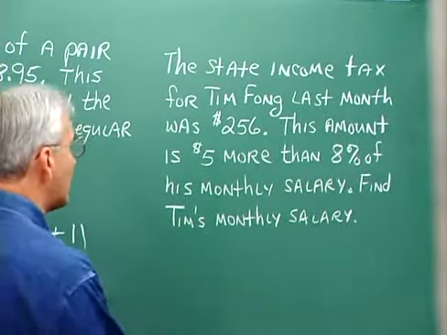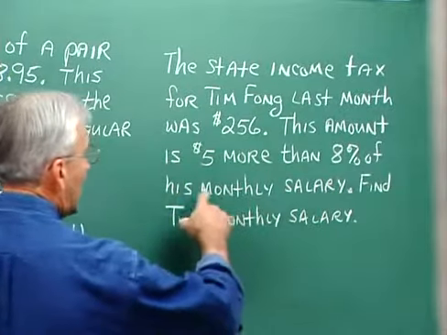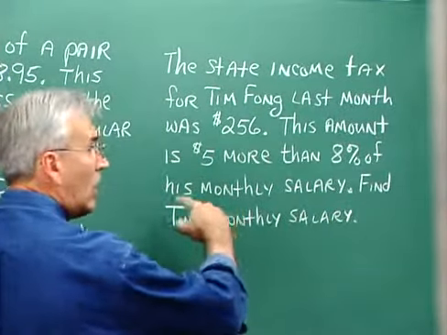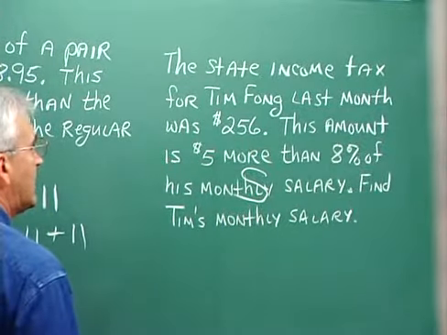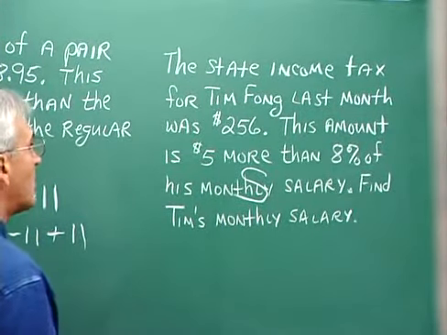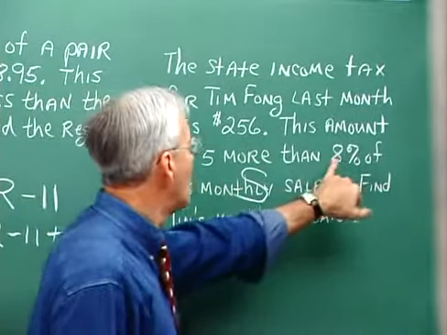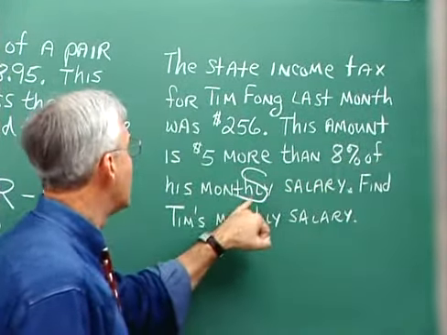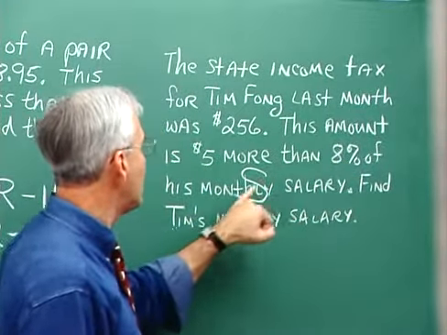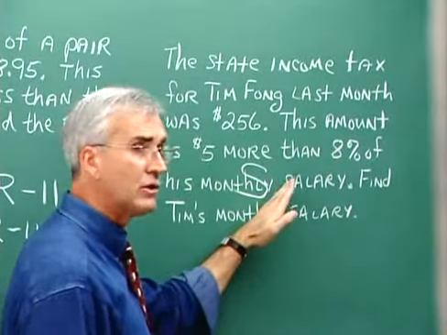This monthly salary is unknown. Let's call it S for salary. Now we can interpret this in a mathematical form. Be careful, though, with the percent. It's a percent of means times this S. So 8% of S is what's appearing in this part of the problem.